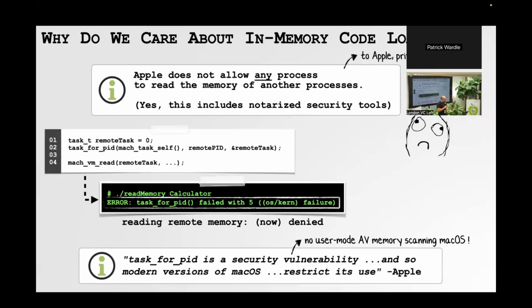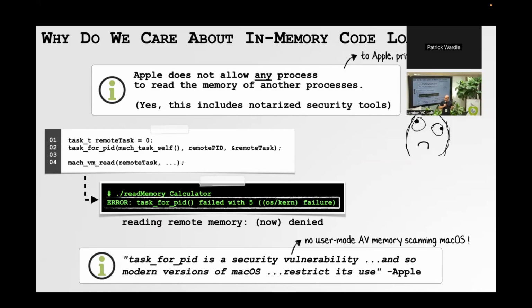Now, why do we care about in-memory code loading in the first place? Mostly because Apple decided to prioritize privacy over security. Now, often privacy and security are aligned very well, but unfortunately, sometimes they are not. And this is an example. So Apple has made the executive decision, and I'm not saying I blame them, which is basically on macOS, no process can read the memory of another process.